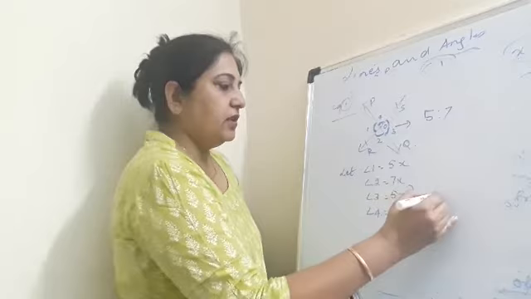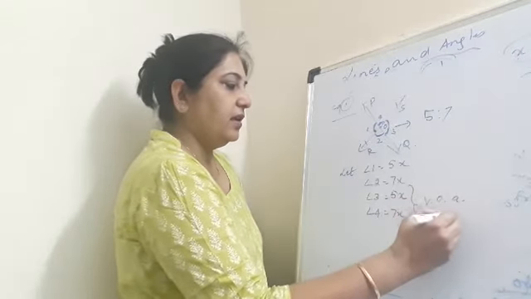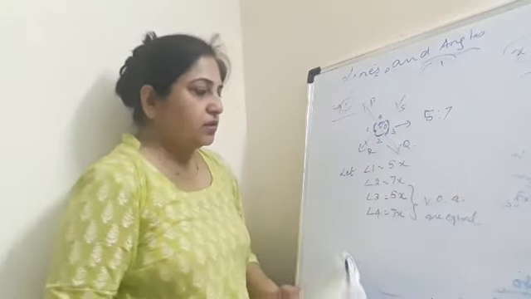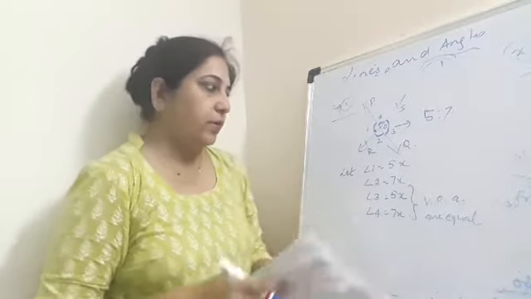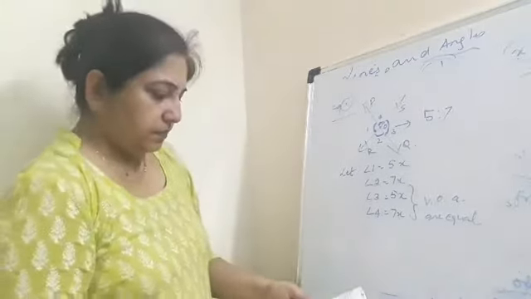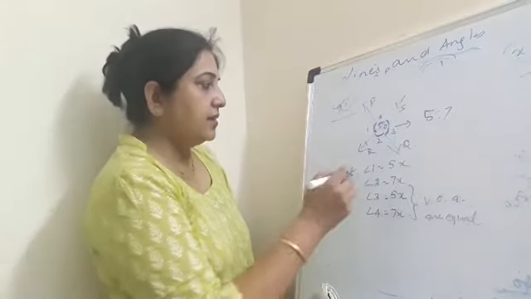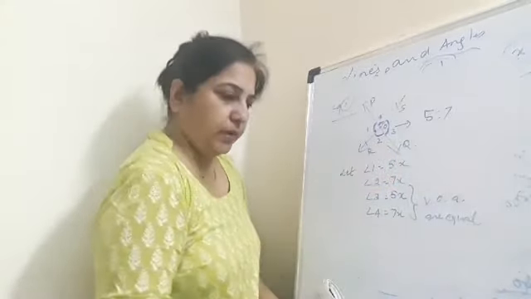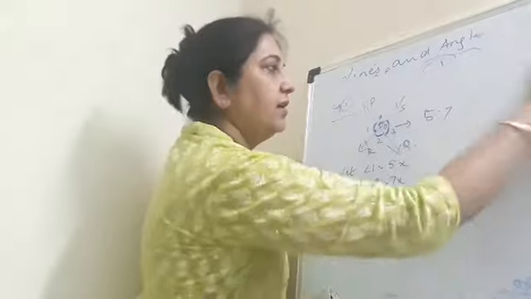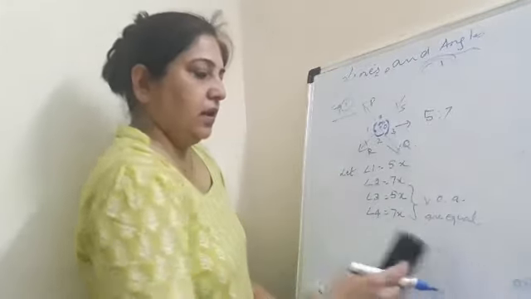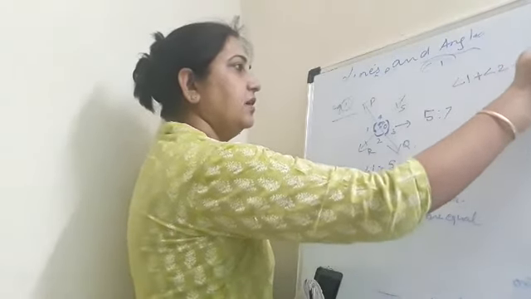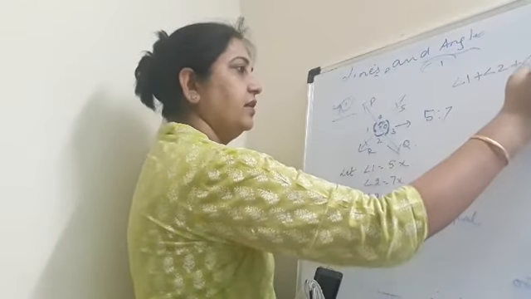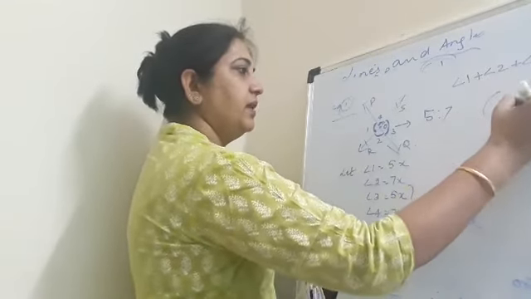And the reason for this is the vertically opposite angles are equal. So either you can solve by the 360 degree property, or you can use the linear pair property. So let us take the complete angle property. What is the complete angle property? Angle 1 plus angle 2 plus angle 3 plus angle 4 equals how much? 360 degree. And the reason will be a complete angle.